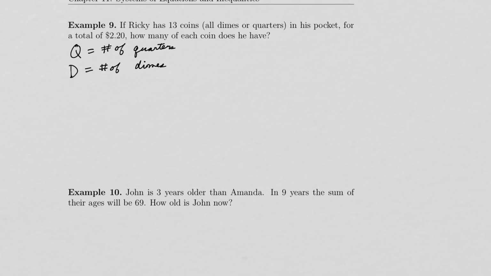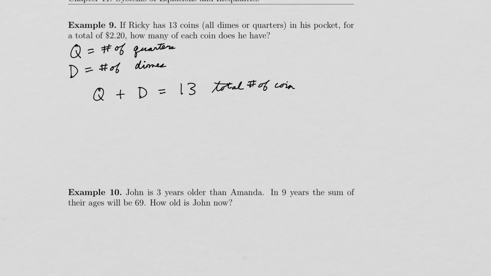So the first equation is going to involve the total number of coins, right? We know that if I add the number of quarters, Q, plus number of dimes, D, that has to equal 13. So this just deals with the total number of coins.